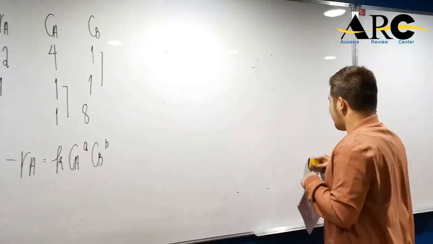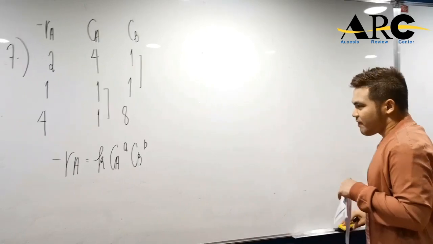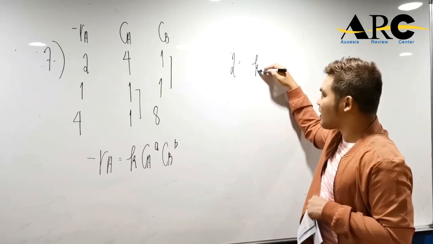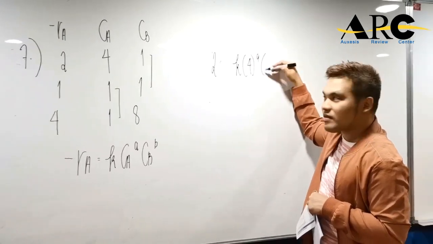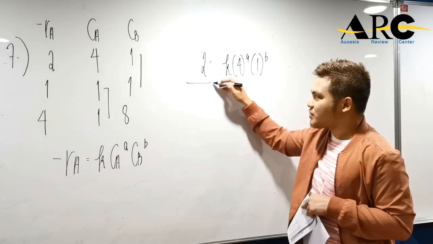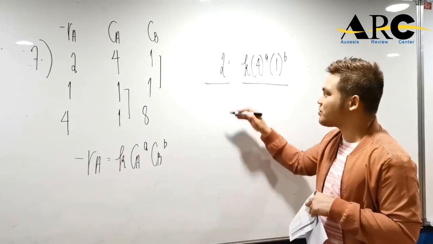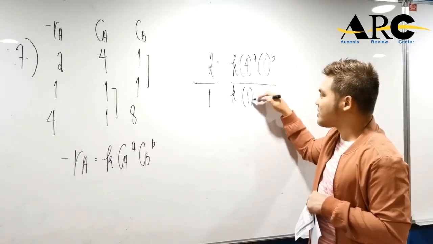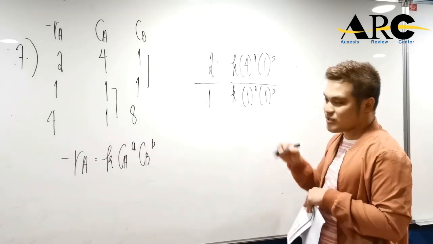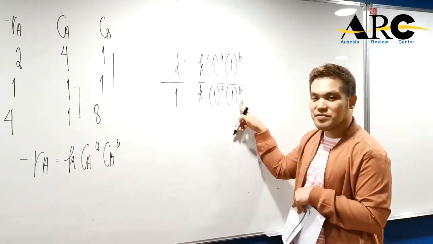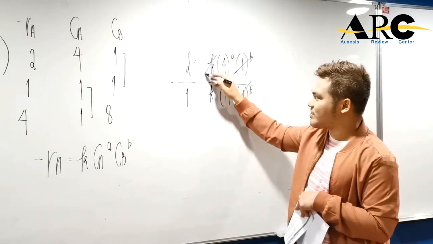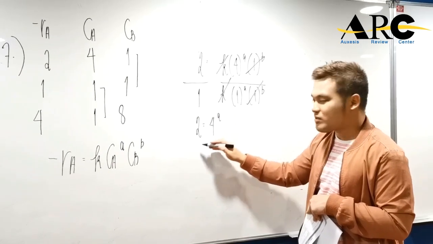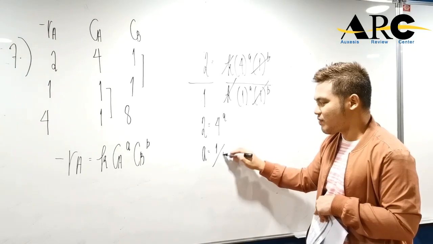So kaya once na in-apply natin yan sa rate equation, negative RA natin, we have 2, which is equal to K, 4 raised to A, and then 1 raised to B. So i-divide lang natin sa second condition, we have 1, which is equal to K, 1 raised to A, and then 1 raised to B. So mapapansin nyo dito, cancel na yung 1 raised to B, cancel na yung K, so ibig sabihin 2 is equal to 4 raised to A. So, meaning to say A equals 1/2.